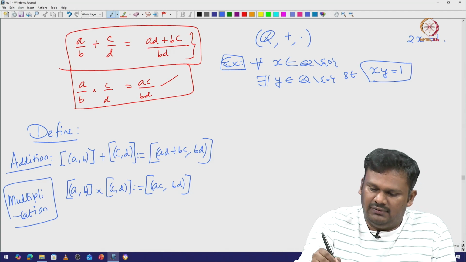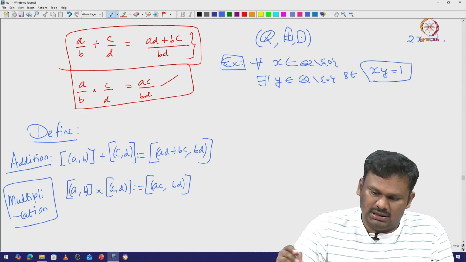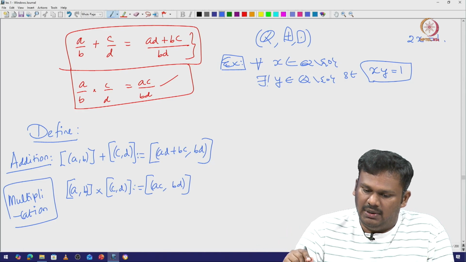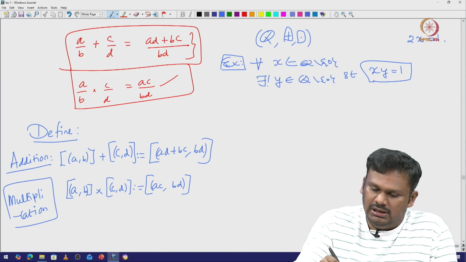And of course, we have this addition and multiplication. These are two different algebraic operations. They should be interrelated, and that is done by what are called the distributive laws.